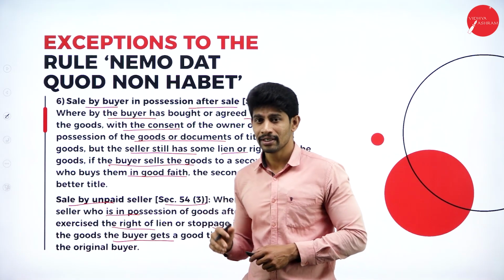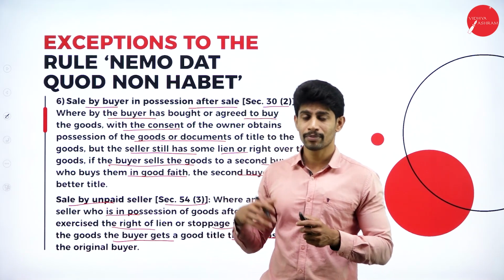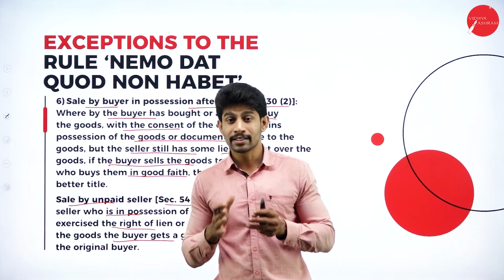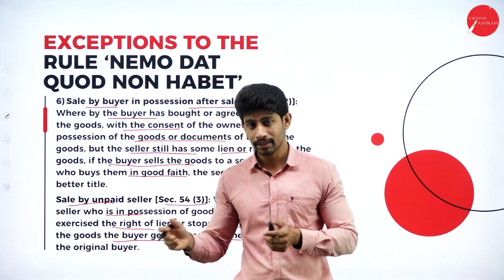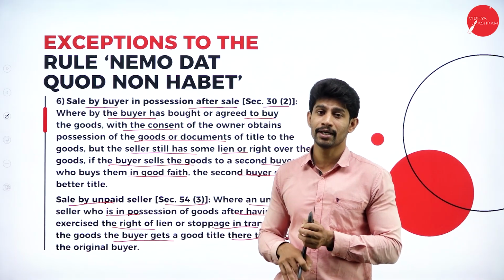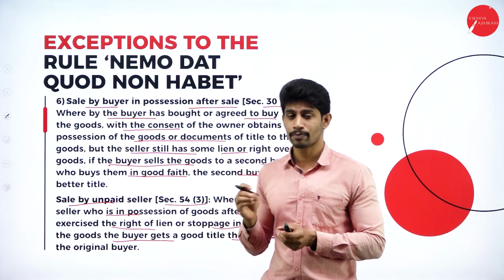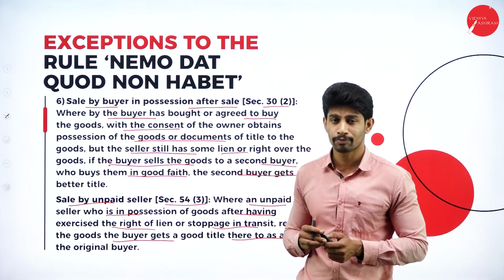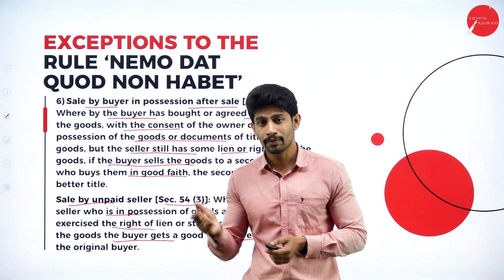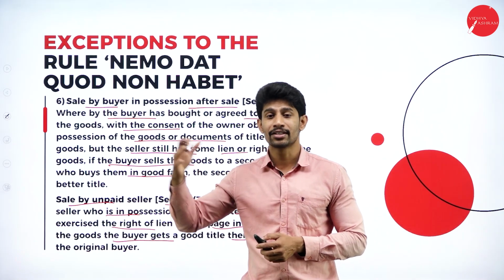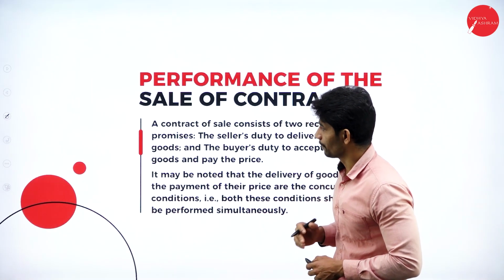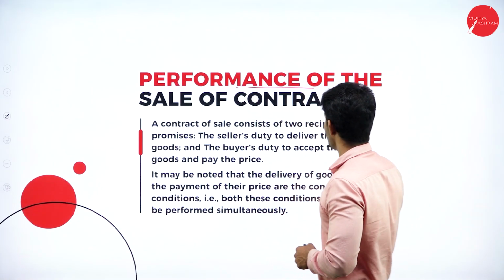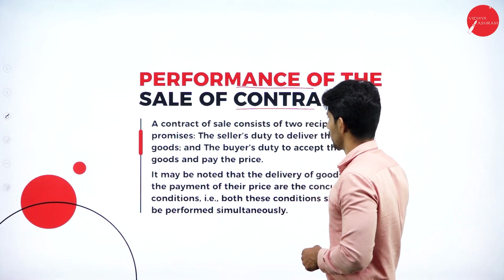At that time also he is not the actual owner, but because of the buyer's failure in paying the EMI, this person acquired the ownership and the goods are with him, so he can sell it to another party.